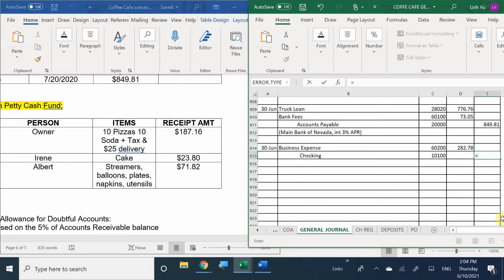And of course, how do I replenish my petty cash fund? By writing a check for $282.78. So go to our check register.